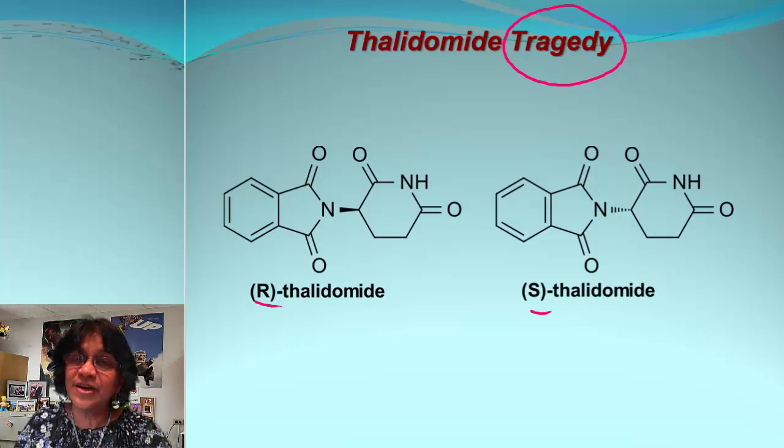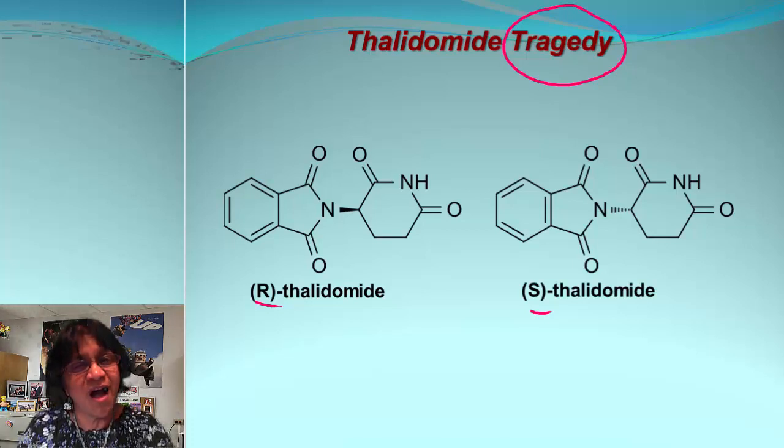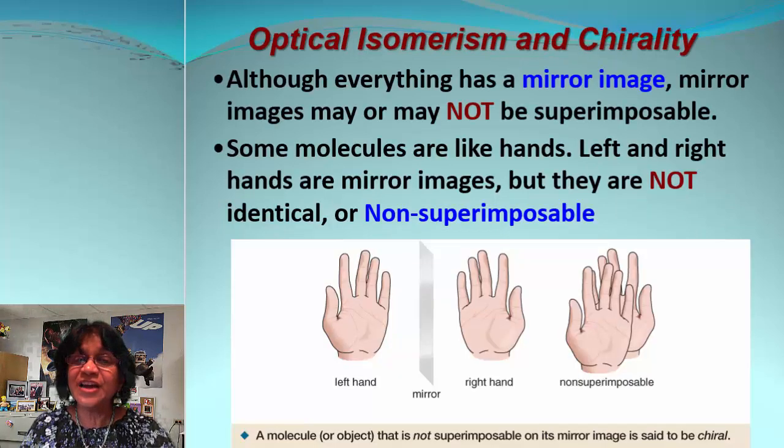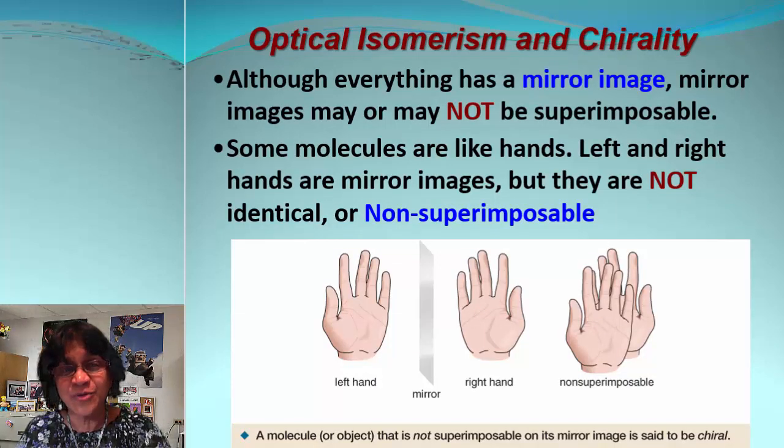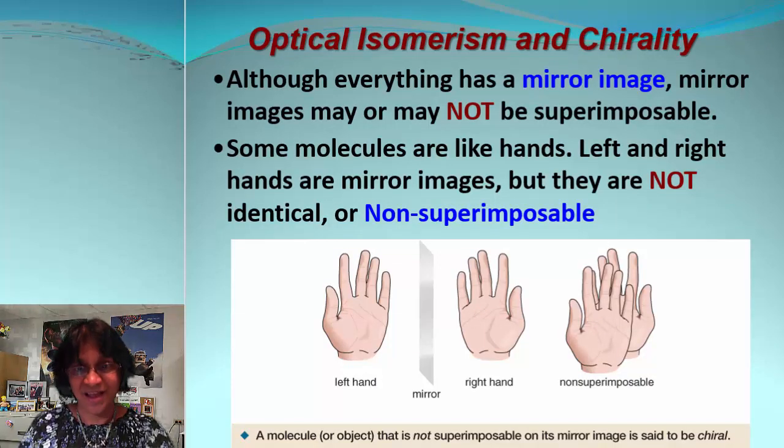So when these pregnant women took the medicine, they got the effect of both isomers. One of the isomers was doing what it's supposed to do, working as a sedative, but the other one was causing some dangerous side effects. And we'll talk about the side effects when we discuss thalidomide. So it was very important to find out what the isomers are.